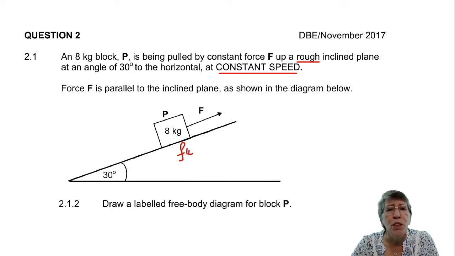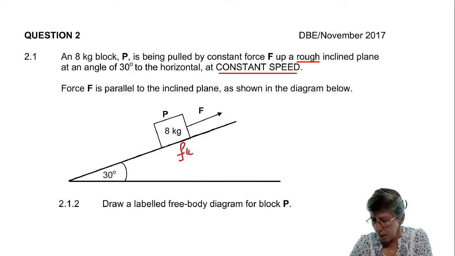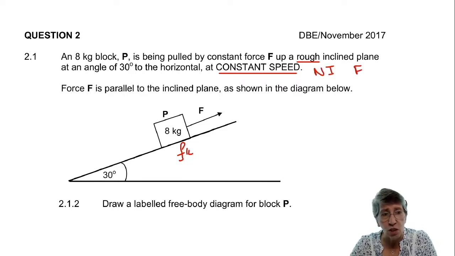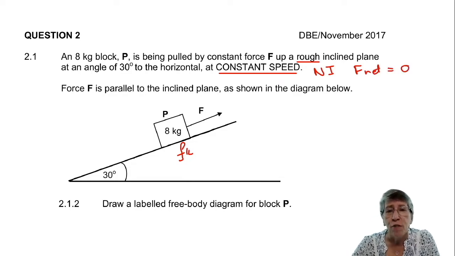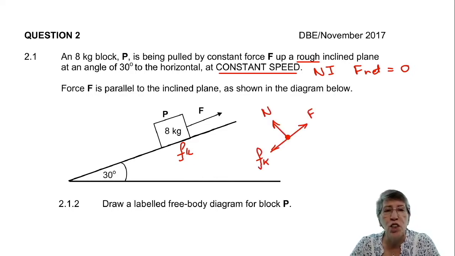Which law of Newton are you supposed to use? Now, if it's constant speed, that means I'm working with Newton's first law, and I will start with F net being equal to 0. The first question here is just to draw a labeled free body diagram for block P. You've got the normal force, the frictional force, and the applied force, and now we need gravity.